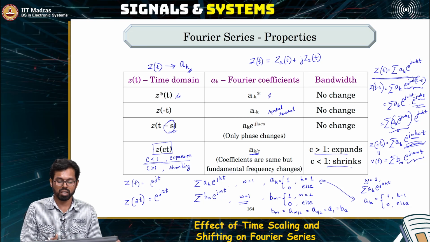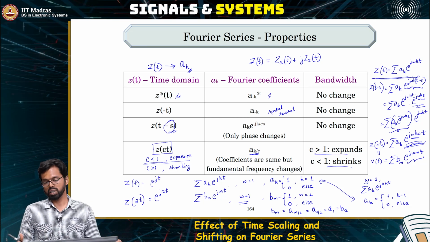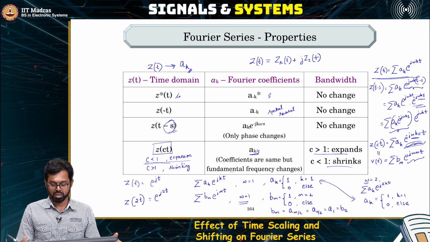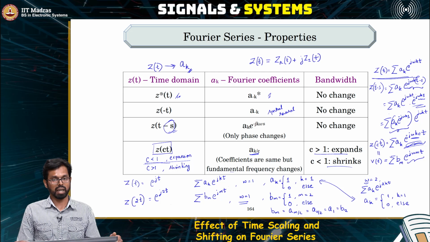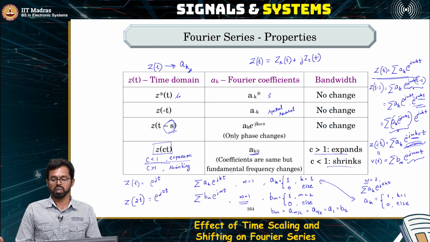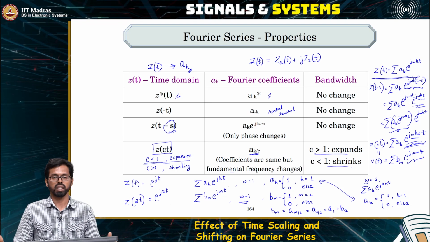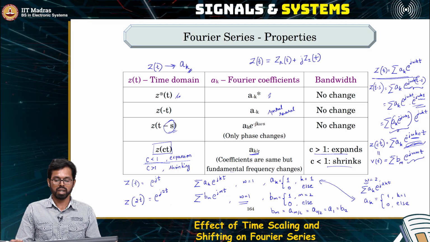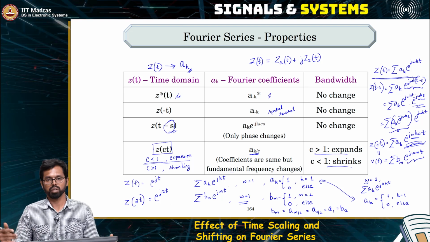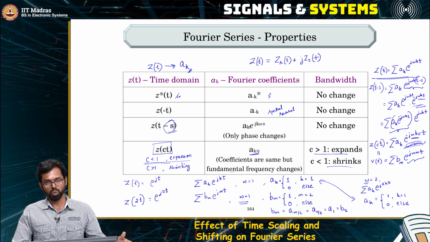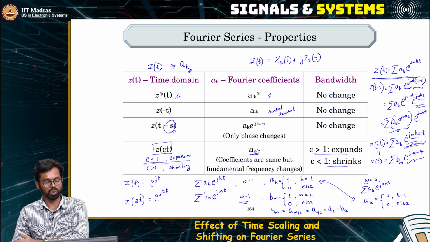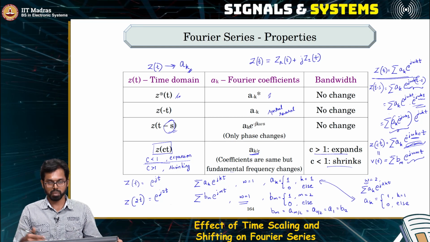But if my periodic signal has a frequency component which is equal to, let's say, 4 radians per second or 2 radians per second, I cannot represent that with this set of phasors. So if I have 4 radians per second, then I can probably represent that with a fundamental frequency of 1 or 2 or 4. So if I have a fundamental frequency of 1, then its harmonics would be plus or minus 1, plus or minus 2, plus or minus 3, and so on. So I can represent 4 radians per second with that.